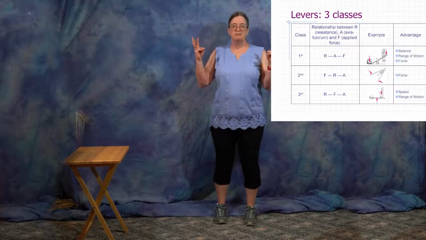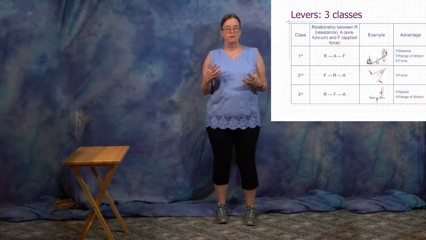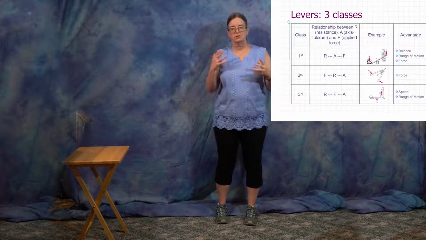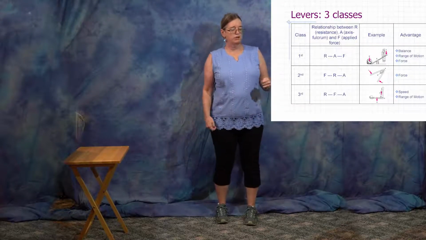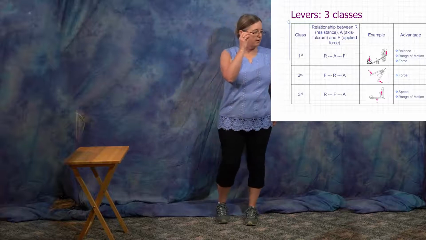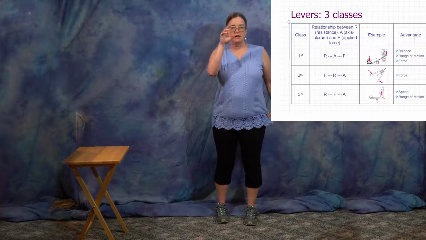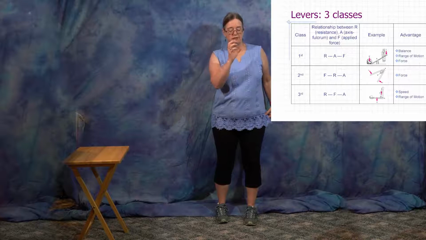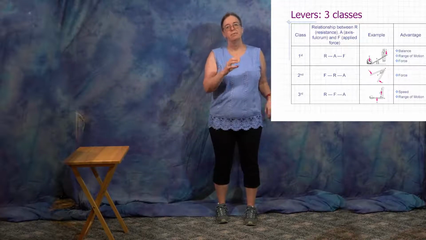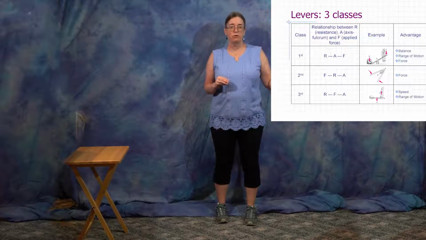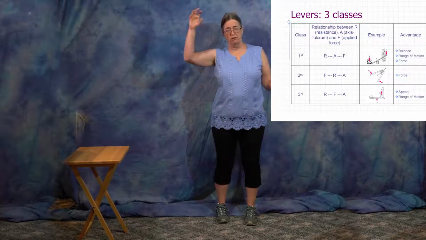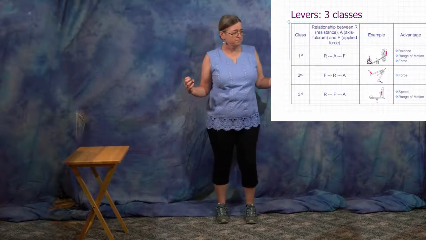So, 3 different types. The first type, or first class lever, is your basic teeter-totter. You have the axis of rotation, the fulcrum, in the middle, your load force or resistance on one side and your applied force on the other side.